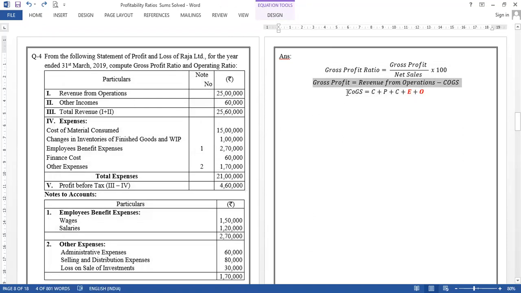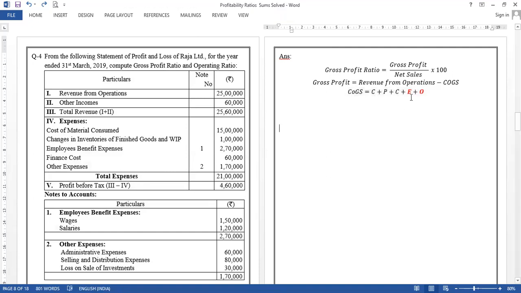And for COGS, whenever the statement of P&L is given, I want you to apply this formula, that is C plus P plus C plus E plus O. C is cost of material consumed, P is purchase of stock in trade, C again is changes in inventory, E is employee benefit expenses, and O is other expenses.